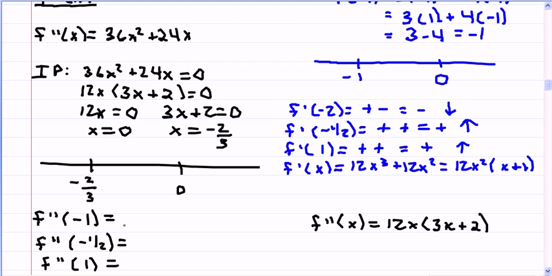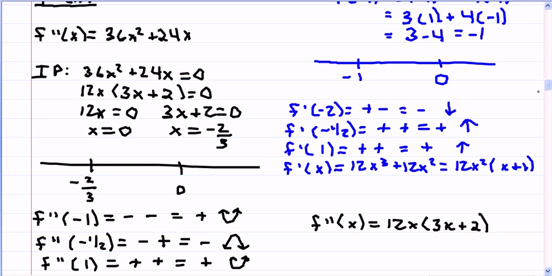So -1 times each group of parentheses is negative, which means that it will be positive, so it will be concave up. And then -1/2 will be a negative times a positive, which will be negative and therefore concave down. And then 1 will be a positive times a positive, so it will be concave up.